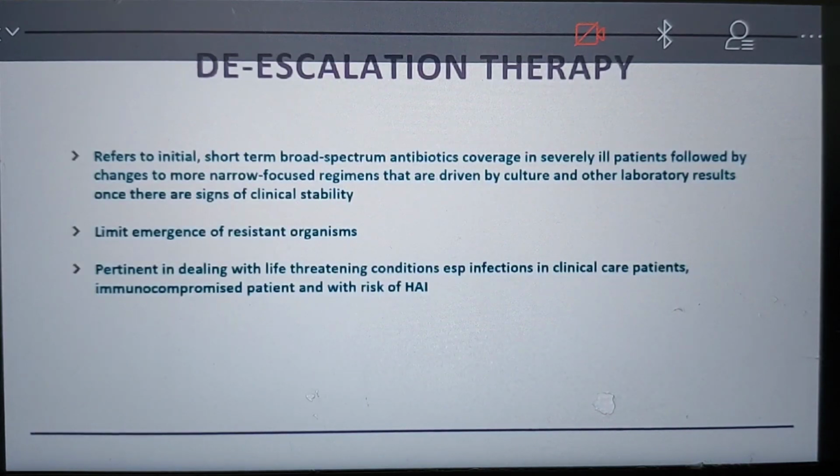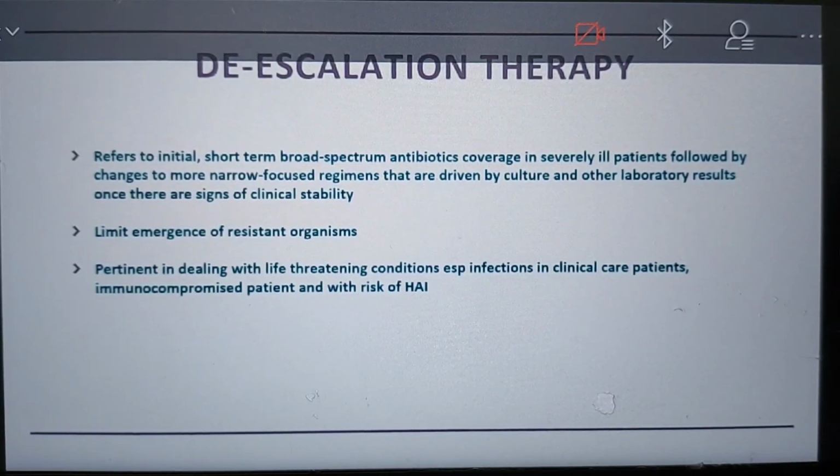So, de-escalation therapy. De-escalation therapy refers to initial short-term broad-spectrum antibiotic coverage in severely ill patients, which is followed by a change to a more narrowly focused regimen driven by culture and other laboratory results once there are signs of clinical stability.